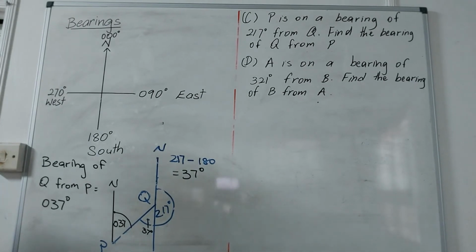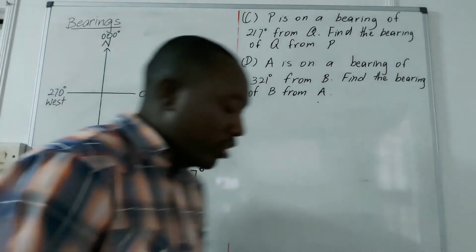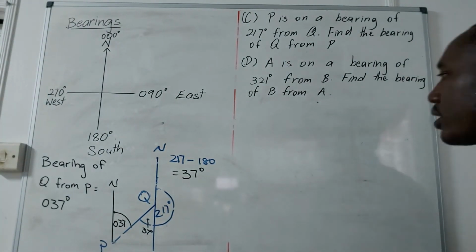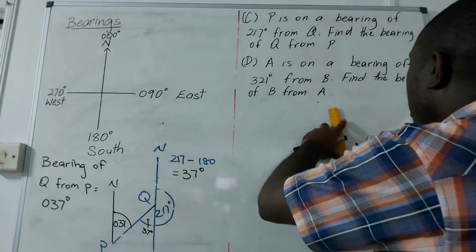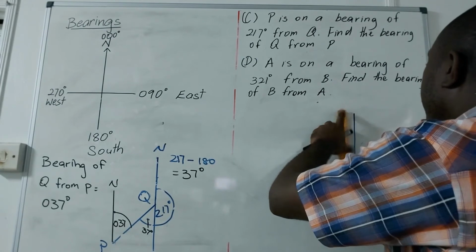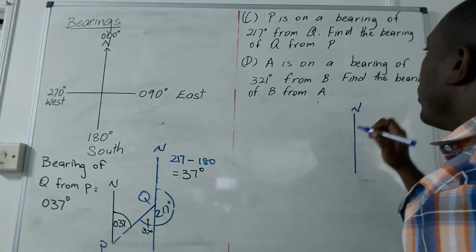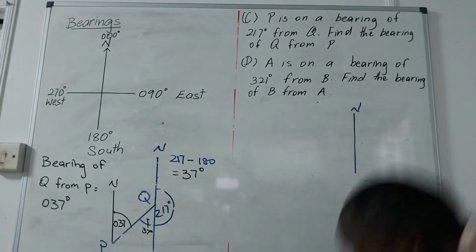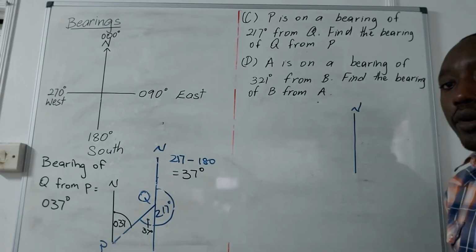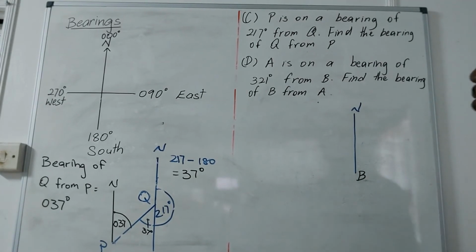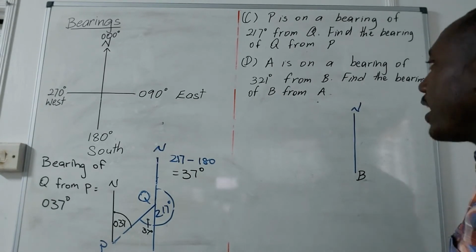Again, draw your north line. Alright, now if it is from B, it means that B is our starting point. So B is here. And A is on a bearing of 321.